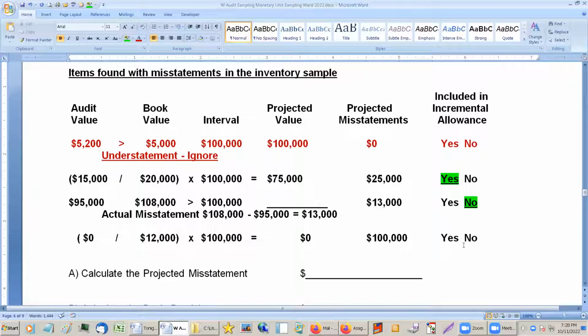And will it be included? Yes. It will be included because a lot more could go wrong in there. This is only for 12,000. There's another 88,000 still left in that population.